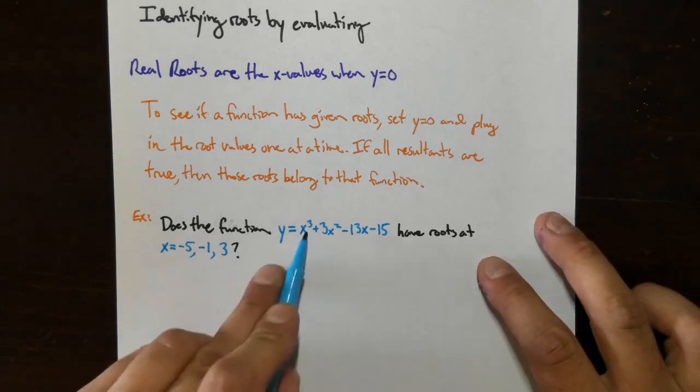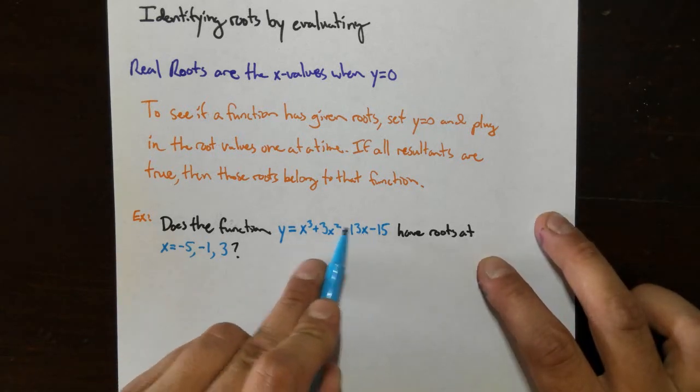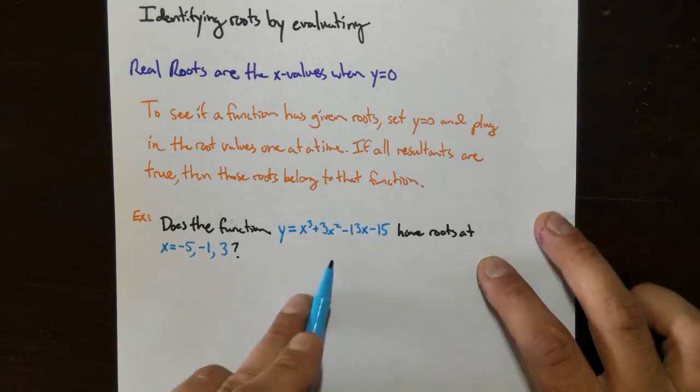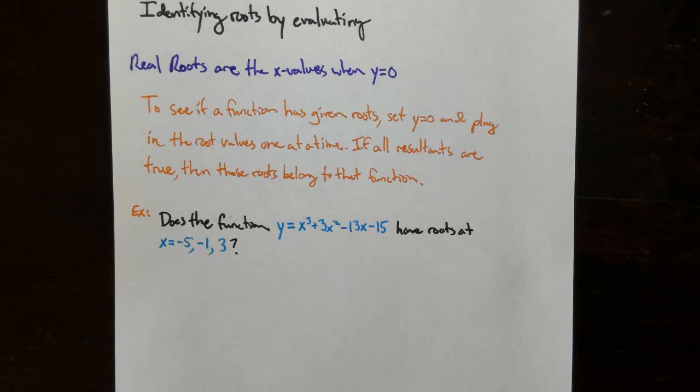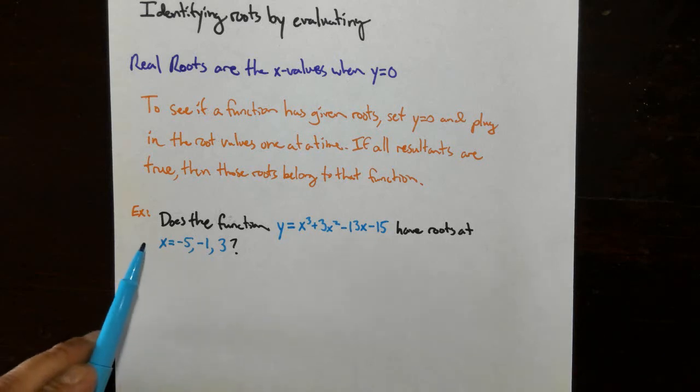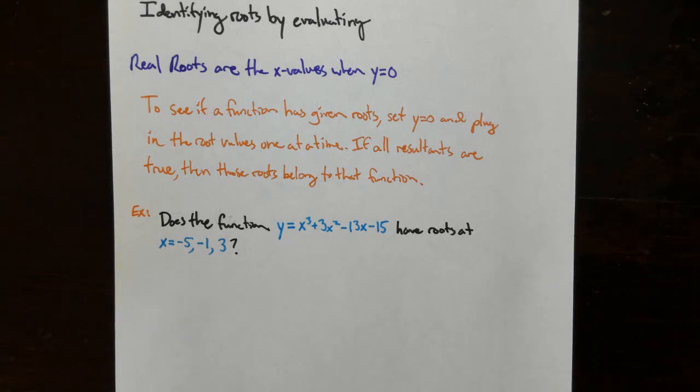If I plug in, say, -5 for every x and simplify, and it equals something other than 0, say 3, then it's not a root. It must equal 0. So let's test these out.